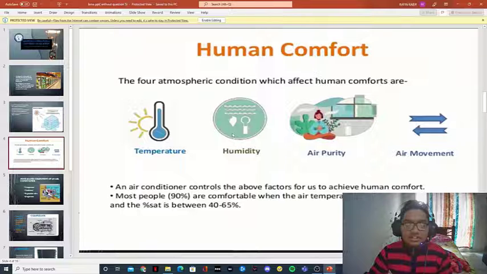When the relative humidity is more than 50%, since there are already so many water molecules in the air, sweat from our body cannot escape the skin, so we feel uncomfortable and hotter than the weather actually is.